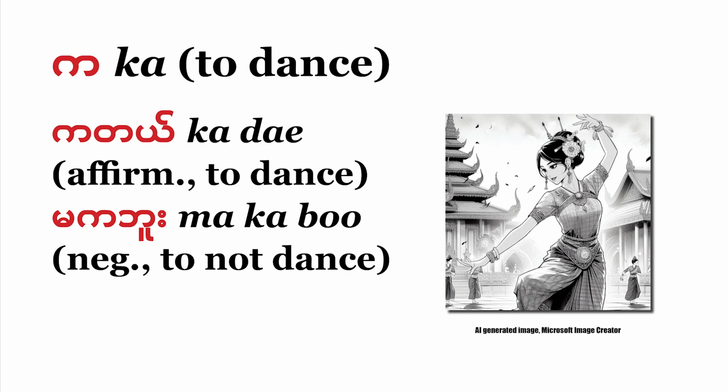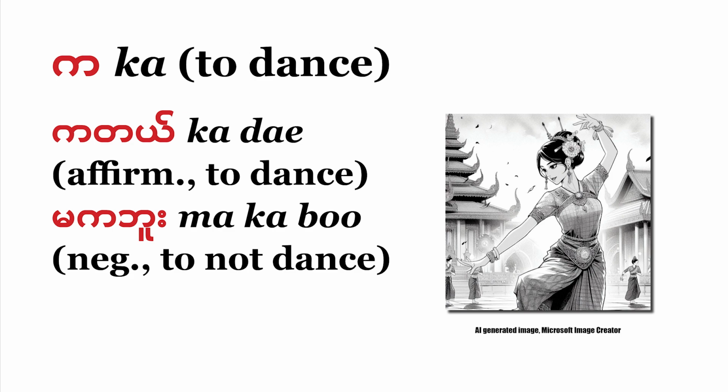For example, this word ga by itself, without any diacritic symbols, means to dance. Usually you'll see it with an affirmative verb ending like this. It's read gade, to dance. Or in a negative form, it's written like this. It's read makabu, to not dance.